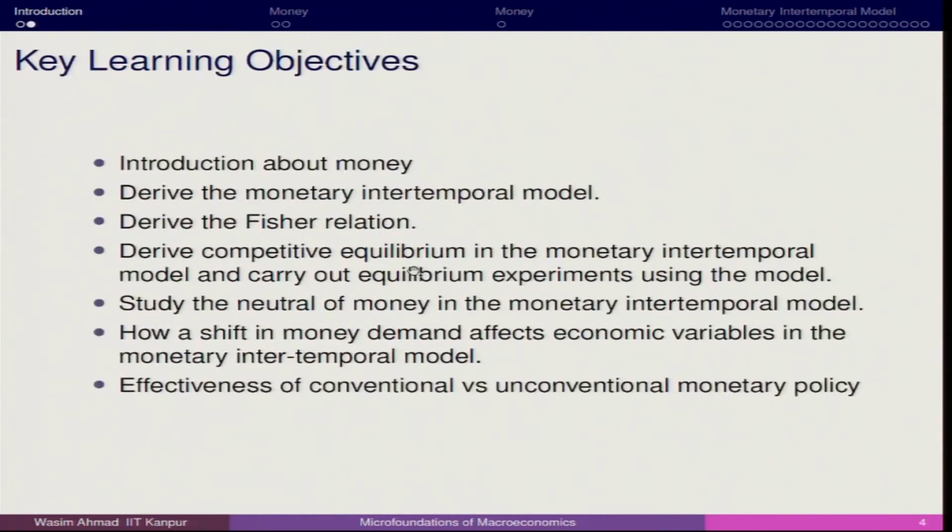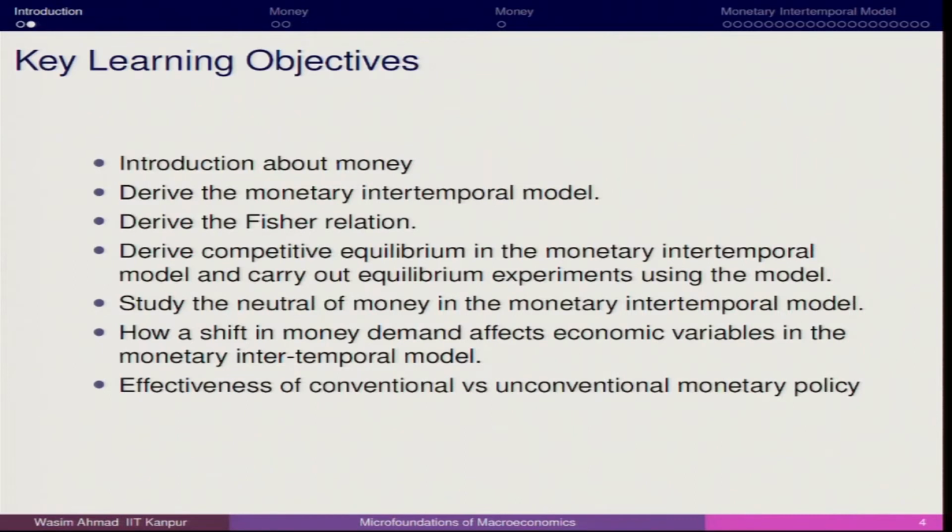So, here the objective is to think about the monetary intertemporal model, the Fisher relation, which means the real interest rate scenarios, and how we can arrive at the competitive equilibrium with the monetary intertemporal model.